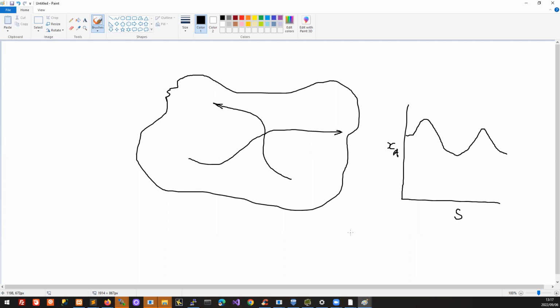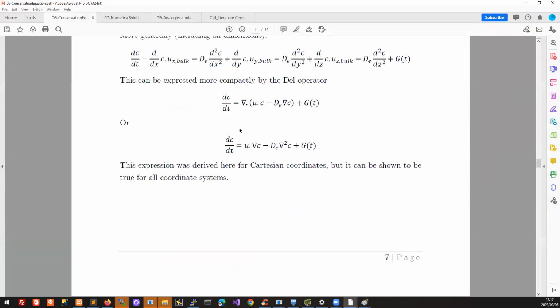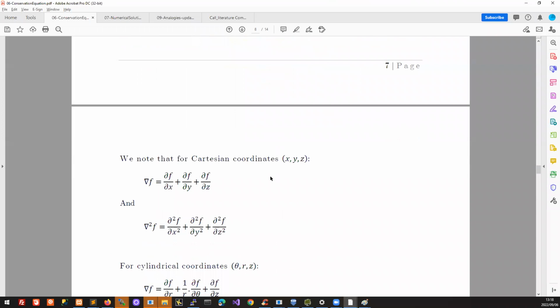And the way we did that was through an equation of this form, right? So like we talked about yesterday, we've been developing that we have a convection term and we have a diffusion term. And what we've managed to do so far is generalize that to any geometry.